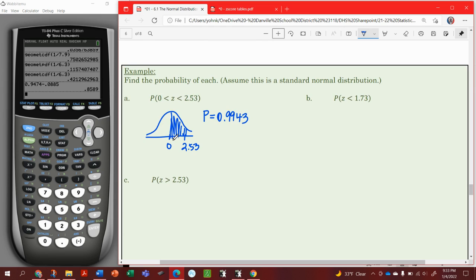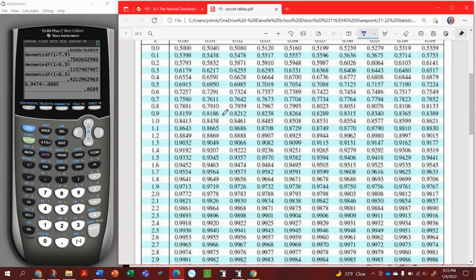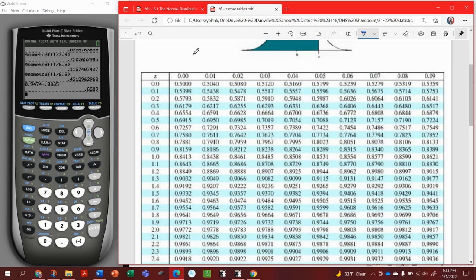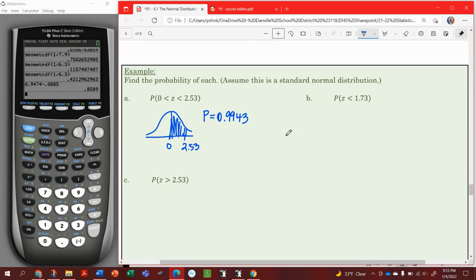And the z-score of 0 gives me a probability of 0.5. Number of 0 is right at the middle, and here's 0, and it says 0.5. So I'm going to subtract 0.5000, and when I do that, I get 0.4943. I did say that your value should be less than 0.5 because you're shading less than half a side.